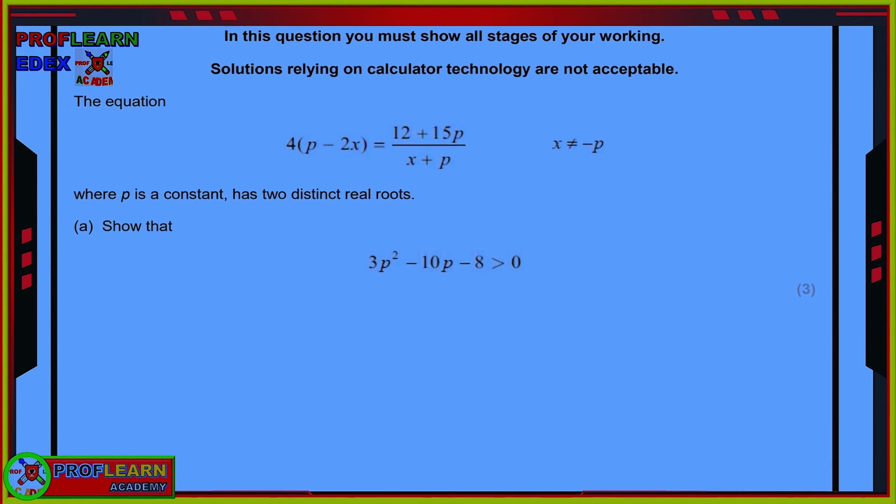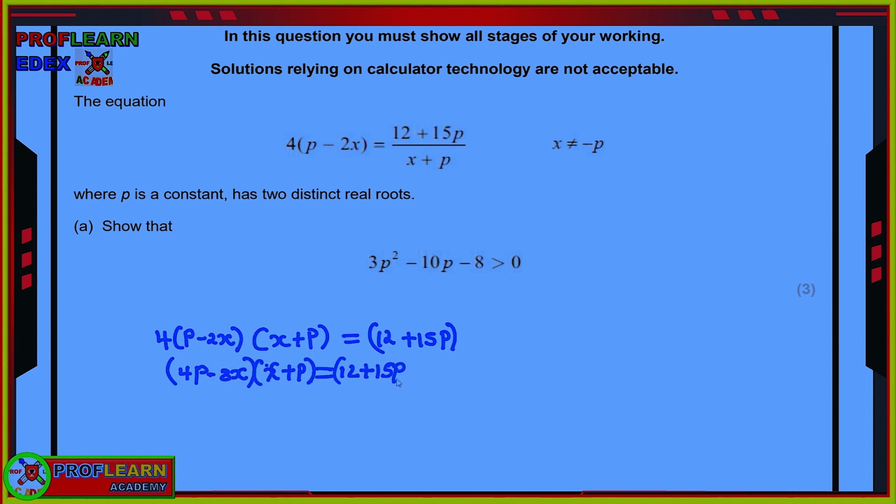So we're going to multiply both sides here. Once we have multiplied, we shall expand and put the like terms together. And you need to remember that p is a constant.